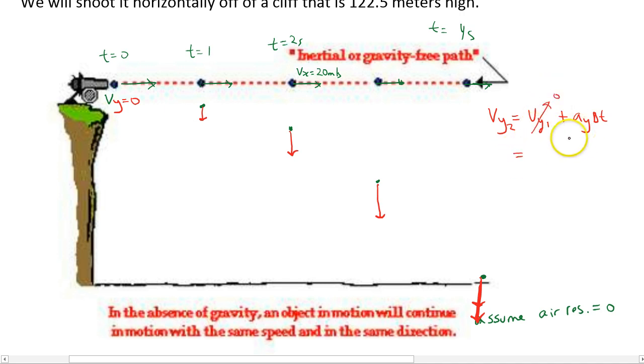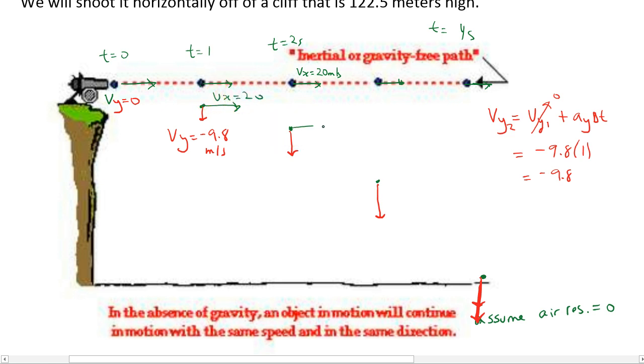It would be going negative 9.8 times 1. So after 1 second, it'll be going negative 9.8 meters per second. So horizontally it's going 20, so I can still put the 20 here. There it's going 20.